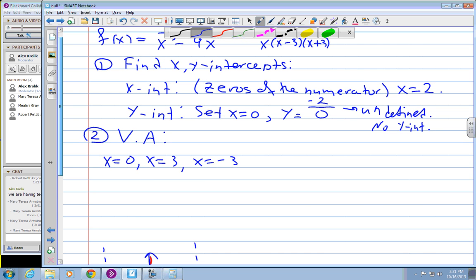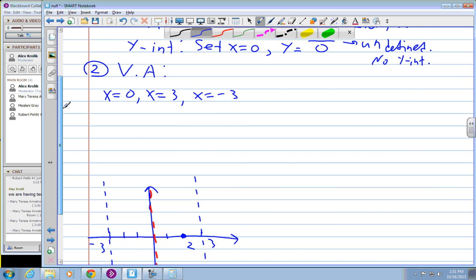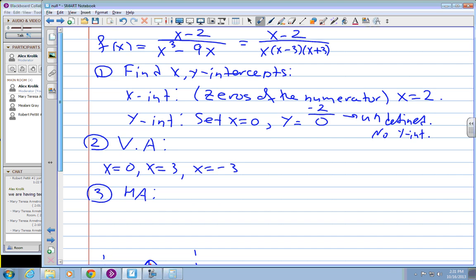So let's see. And the horizontal asymptote, the degree of the numerator is 1. The degree of the denominator is 3. So the degree of the numerator is smaller, so then it's 0. Okay?